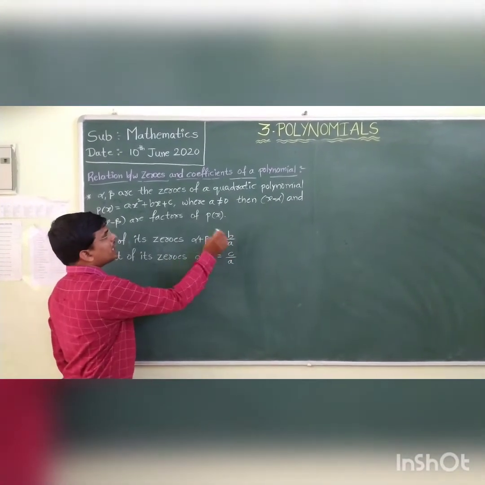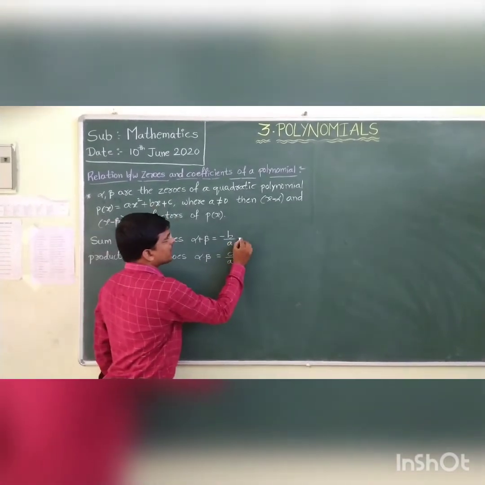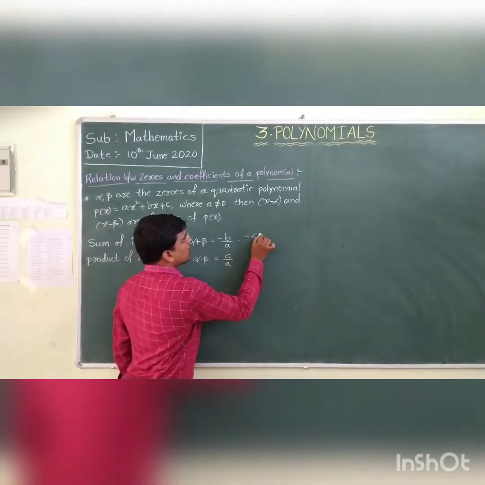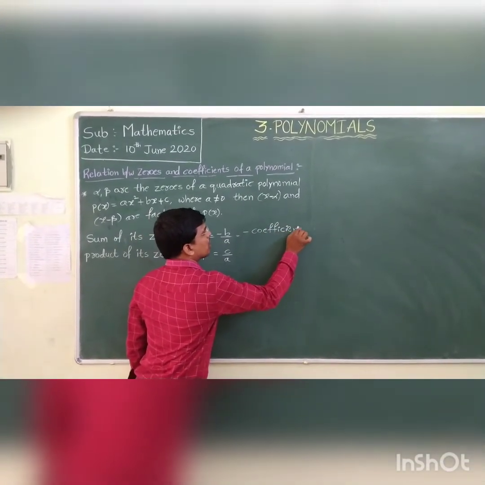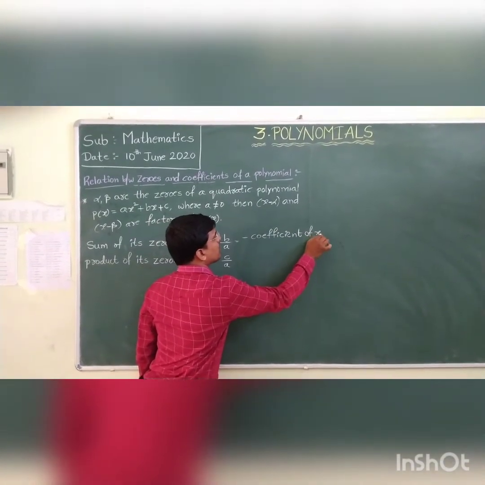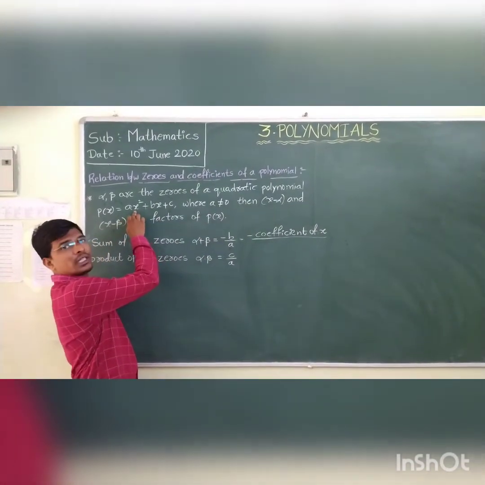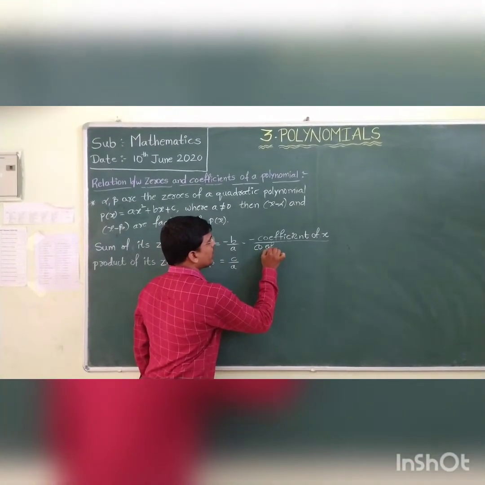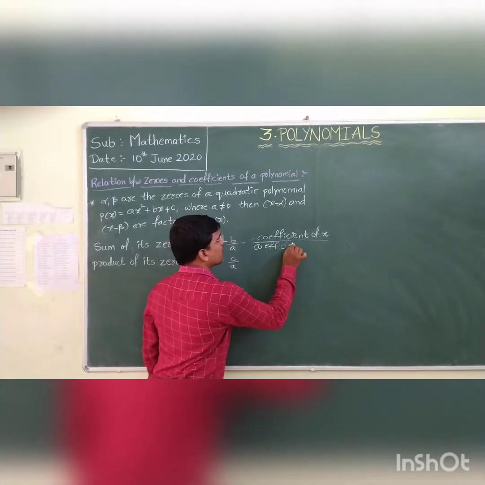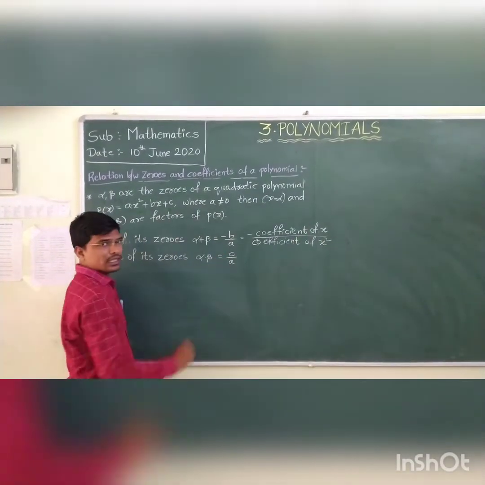What is b here? b is the coefficient of x. So we can write it as minus coefficient of x by a. What is a here? Coefficient of x square. So a is the coefficient of x square.